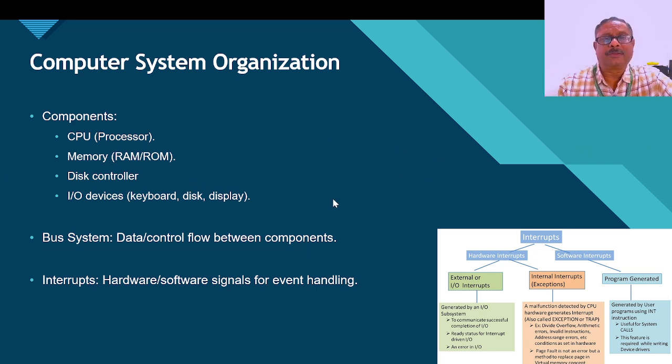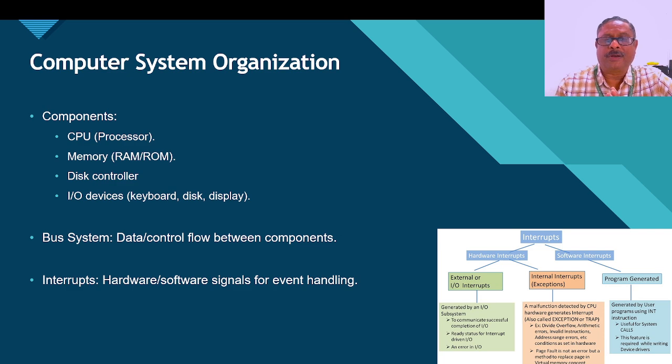To make sure that the pointer moves, whenever the mouse is moved, a message goes to the CPU saying that the mouse has moved, and the CPU should respond if required and change the position of the mouse as per the instruction coming from the mouse. So that's what we call hardware interrupts.